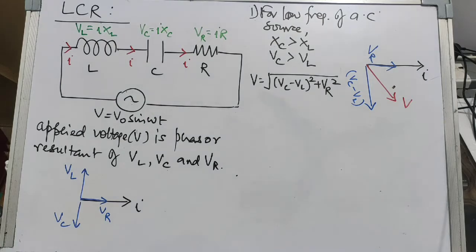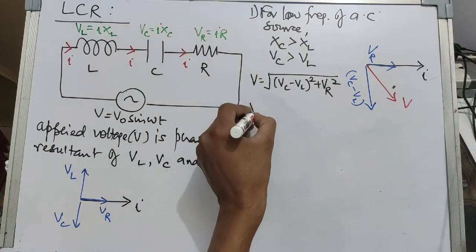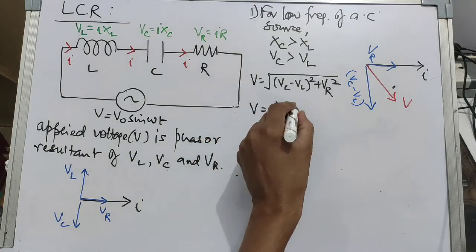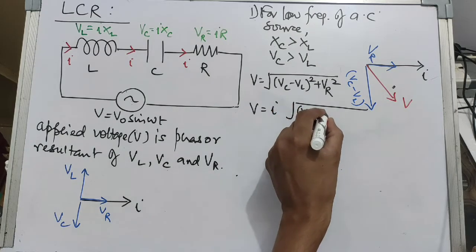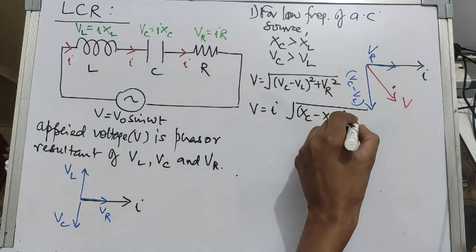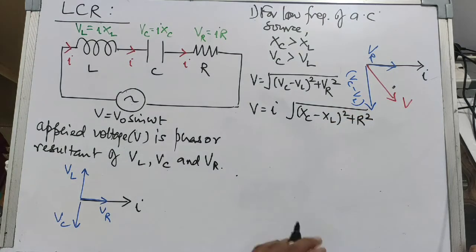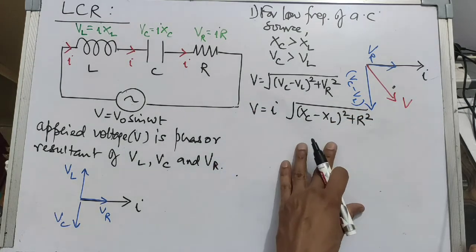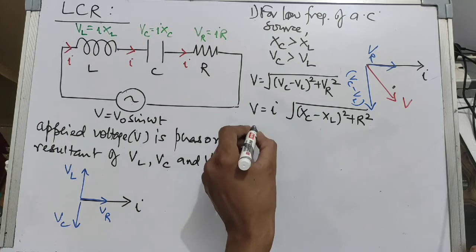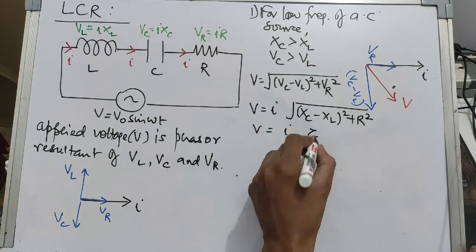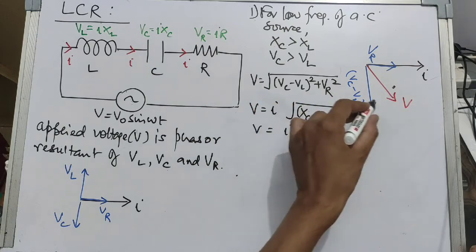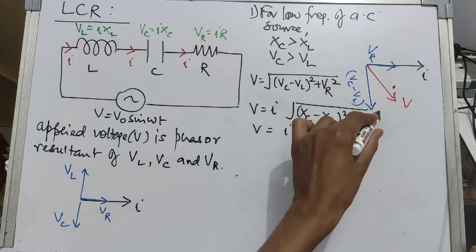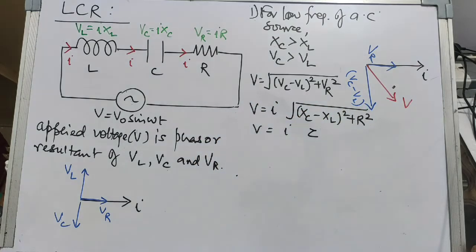Okay. So if you solve it, I can take I common, and in the bracket what comes out is (XC minus XL) whole square plus R square. If you compare this with the standard relation, that is V is equal to I into Z, where V is volts and I is current, what is left other than V and I is nothing but ohms.